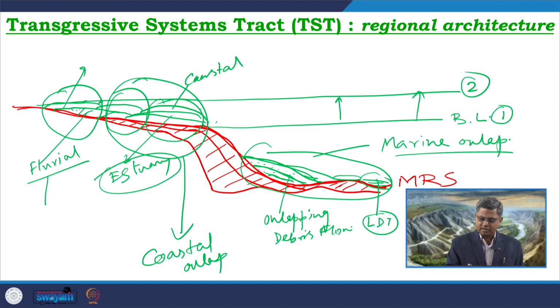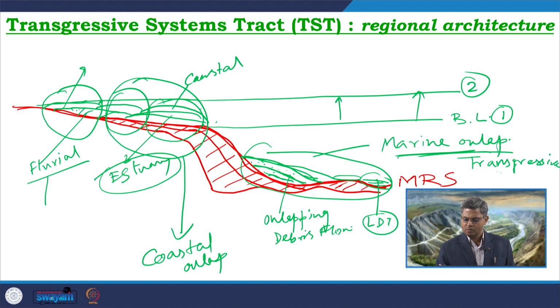Many times this particular unit that forms during the marine onlap is also called the transgressive slope apron. Many times these deposits are also called healing phase deposits.